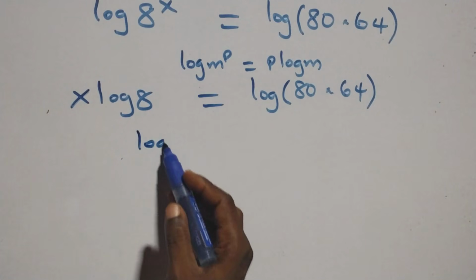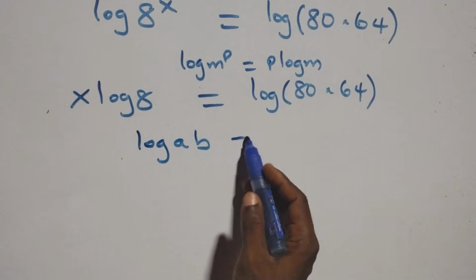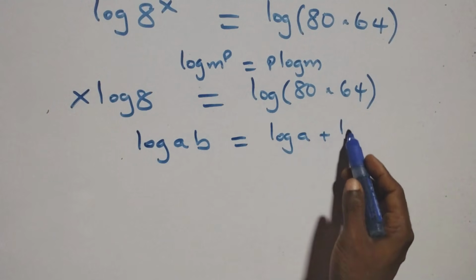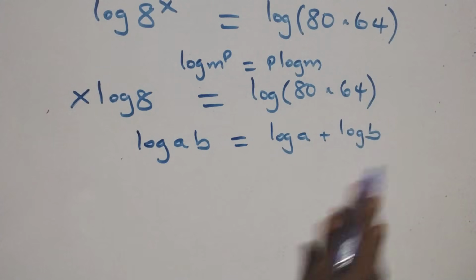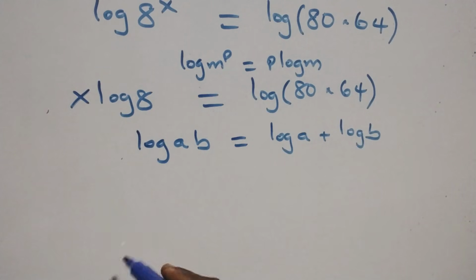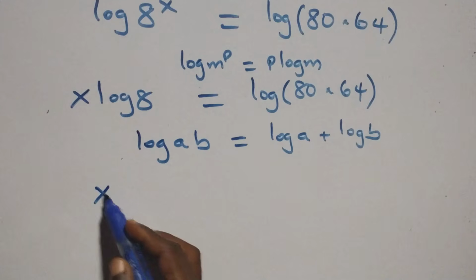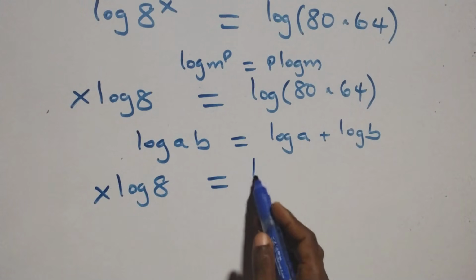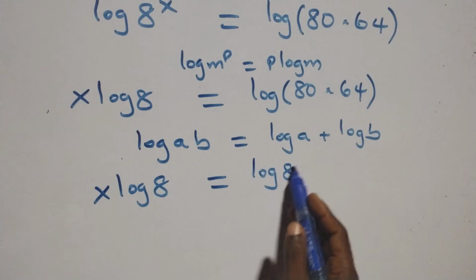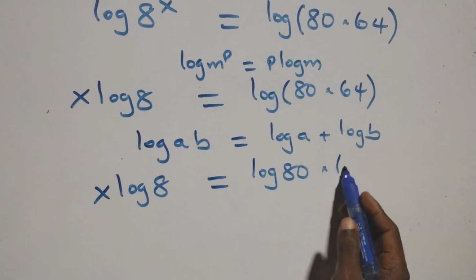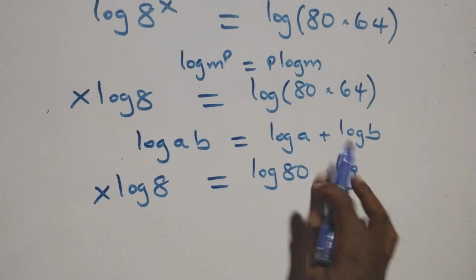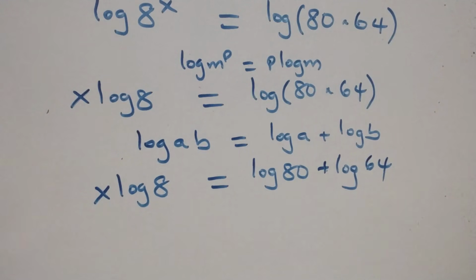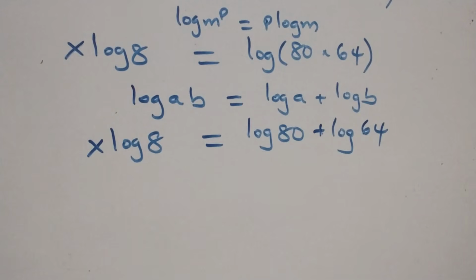When we have log a times b, this is the same thing as log a plus log b. Here, what we have becomes x log 8 equals log 80 plus log 64.